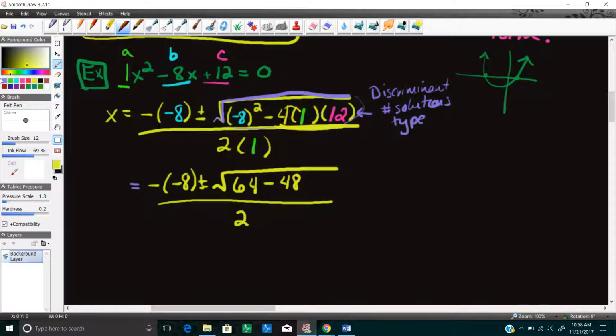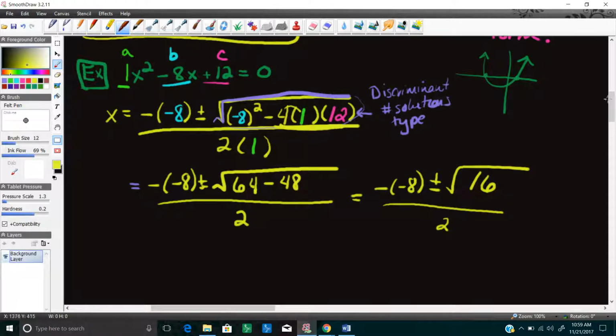Okay, and I'm going to be doing baby steps. So some of you could probably do this next step together with the one I just did. So from here, I'm going to get negative 8 plus or minus the square root of 64 minus 48, that's going to be 16. Okay, so positive 16, and this is all over 2.